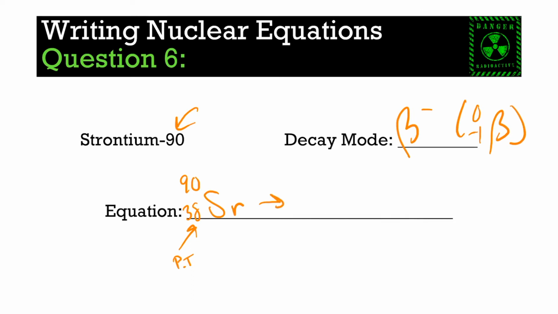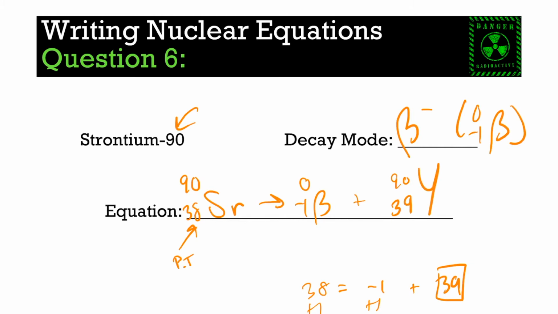And we know it is going to be releasing a beta particle. The mass is still 90. Following this format, 38 equals negative 1 plus something. Add 1, you get 39. And then element 39 is yttrium, which is symbolized by Y.